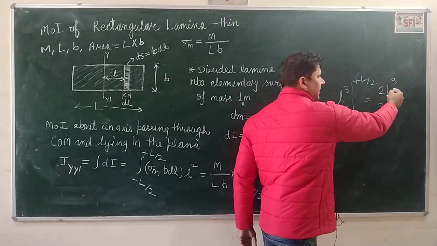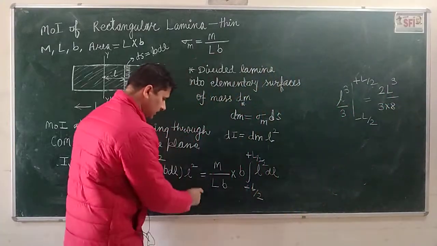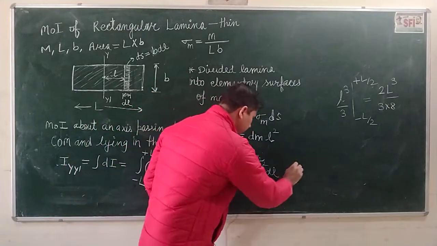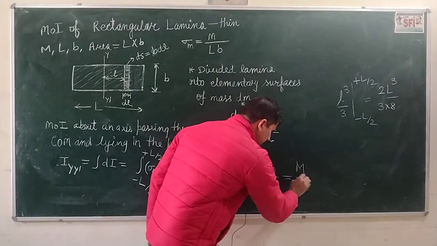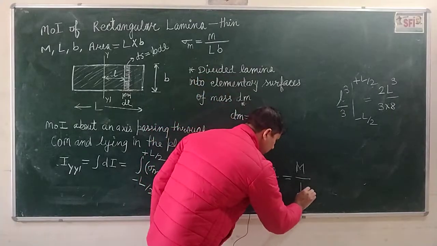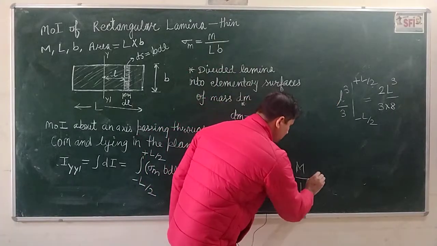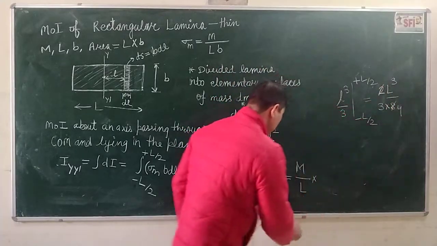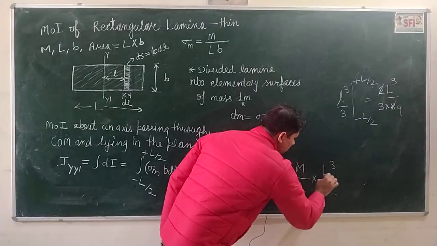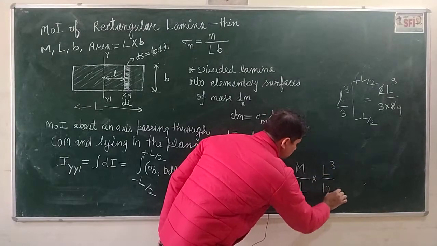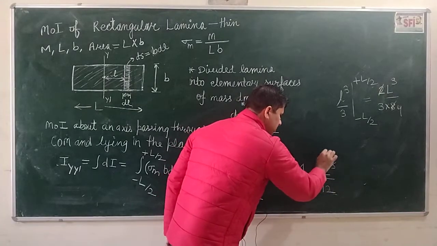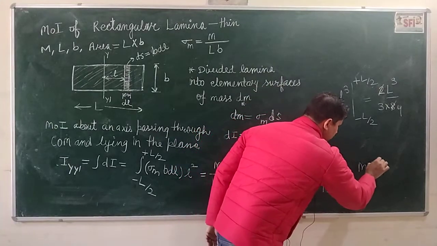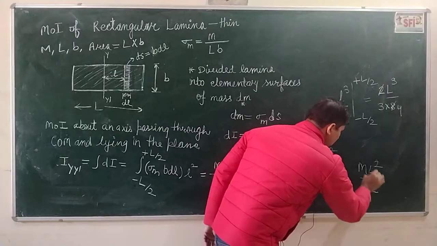So finally you will get L cube by 12. Here you see b will cancel, and finally you will get the mass of the lamina divided by L, times L cube by 12, and from here it will cancel. So finally you will get ML square divided by 12.